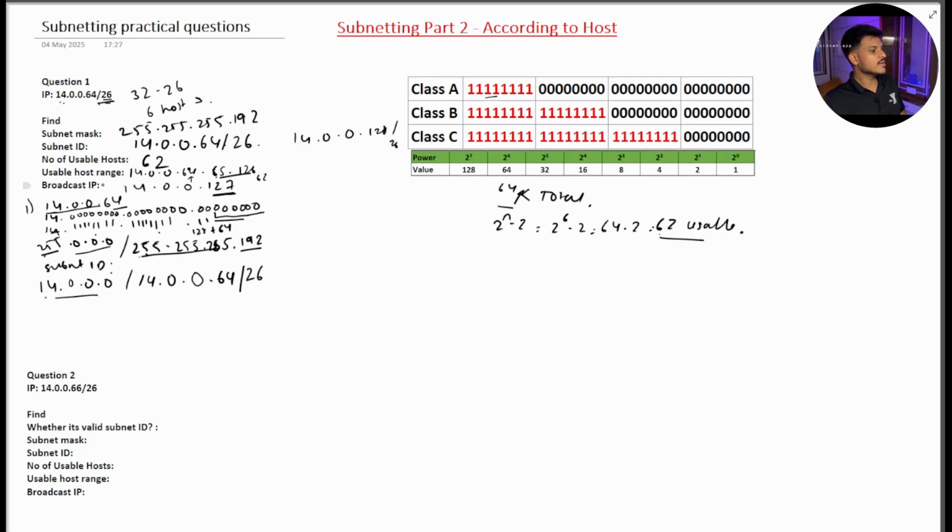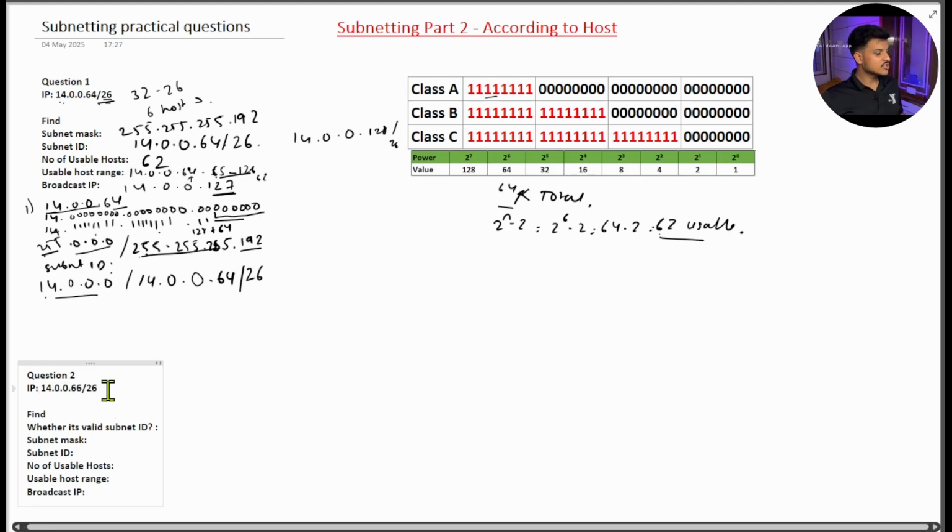So this will be our total usable host range, that is 14.0.0.65, and it will range till 126. This will be our actual usable host range. Now in question 2, I have taken a random IP, that is 14.0.0.66/26.